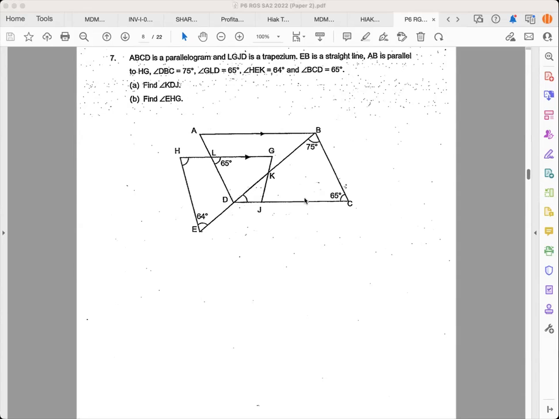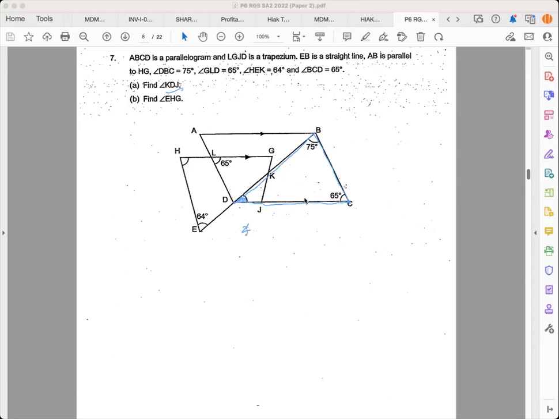Right? So first, let's find out what is the angle of KDJ. KDJ is this. This KDJ is part of this triangle, DBC. Angles in a triangle add up to 180 degrees.